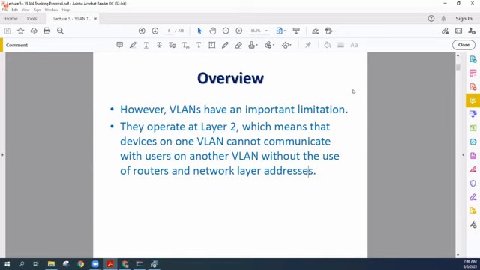Yeah, it is essential to have the router for inter-VLAN communication. It is possible to assign network layer addresses, there is no issue, because once layer 3 involvement is there it is possible, but the involvement of the router we cannot ignore.